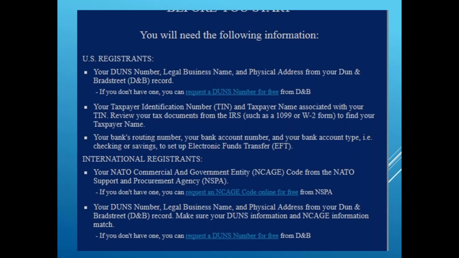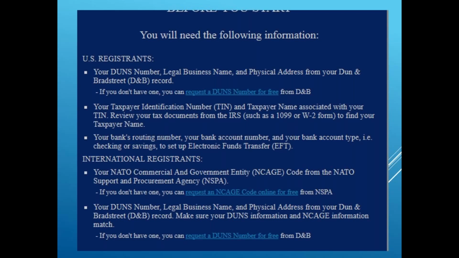So obviously, we've mentioned this. We just went over your DUNS number. You need your DUNS number. But you also need the legal business name and the physical address from your Dun & Bradstreet record. So whatever you filled out for Dun & Bradstreet is what you're going to need to fill out in the SAM registration. You also need your taxpayer identification number. If you're a sole proprietorship, that's usually your social security number.